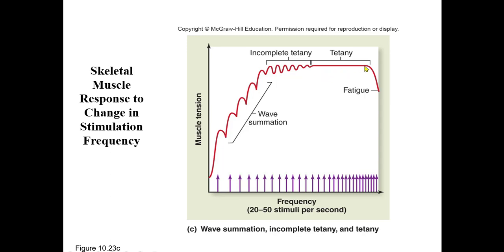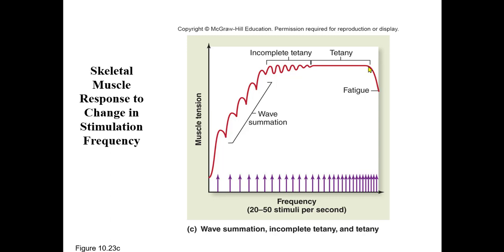Now what eventually happens is that I run into fatigue. So if I zap it so much that I run into fatigue. Now fatigue by definition is when I run out of ATP. I'm contracting so strongly that I don't have enough ATP. Remember how it works? In order for me to do this, I have to have what?